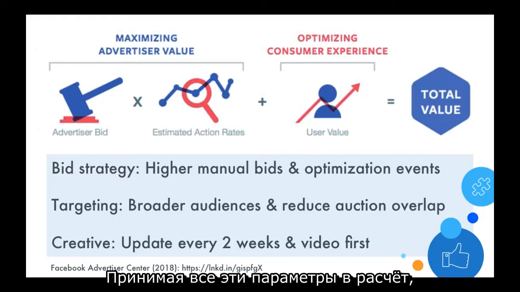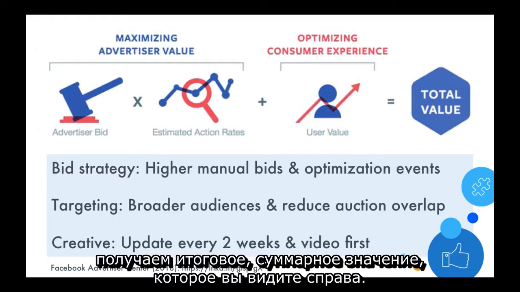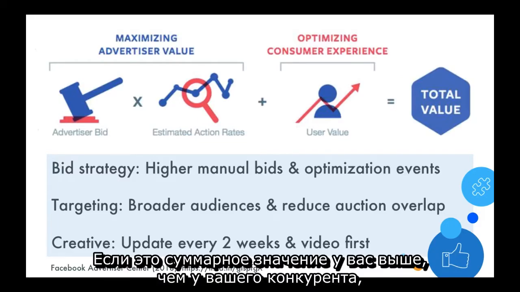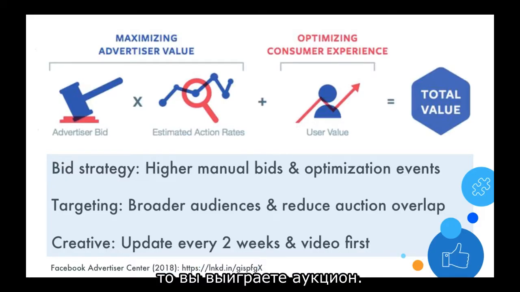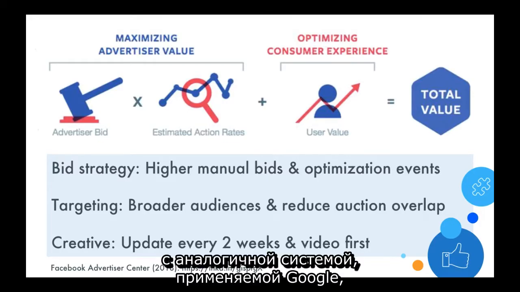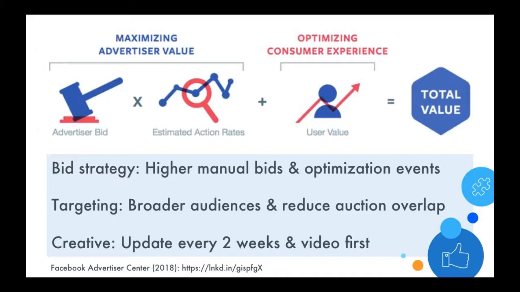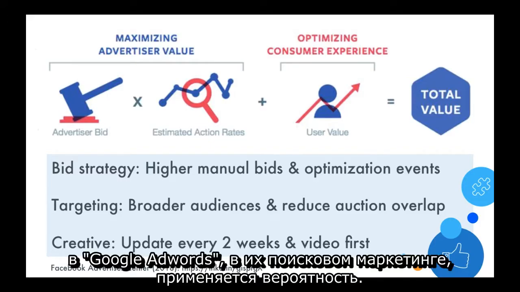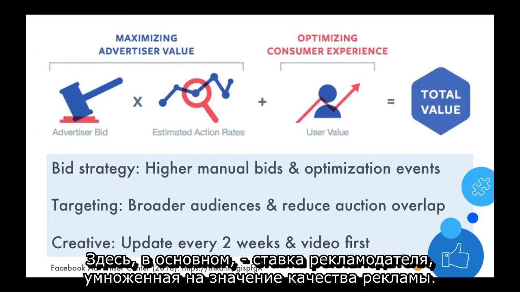So taking all those things into consideration is the final total value that you see on the right, and if this total value from you is higher than from a competitor, then you're going to win the auction, okay. To compare this auction system with the auction system that Google applies in Google AdWords in their search engine marketing possibility, here they mainly have the advertiser bid multiplied by quality score.